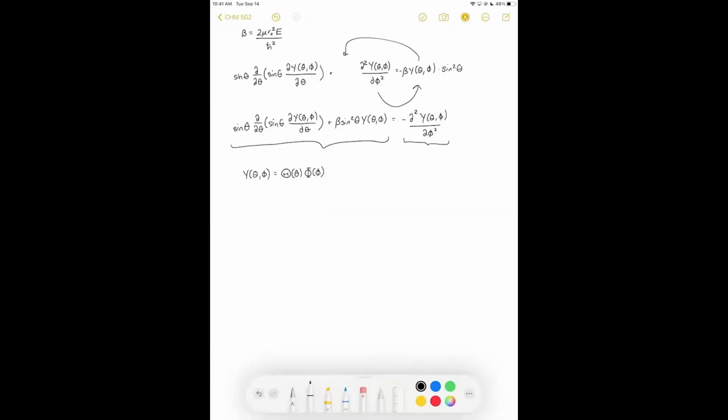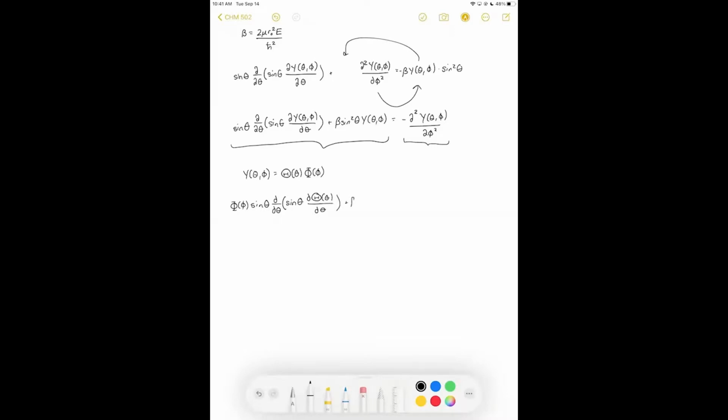So we would get phi as a function of phi times sine of theta times one derivative with respect to theta times sine of theta, and then times another derivative of our theta function with respect to theta.